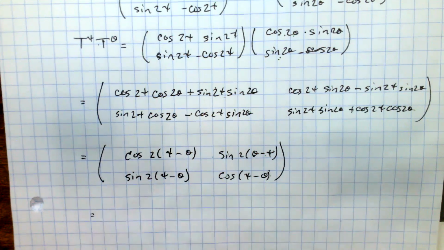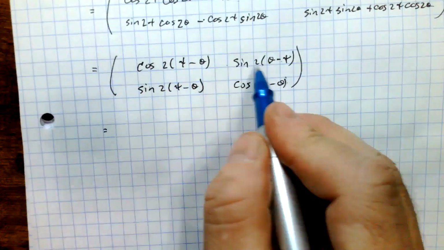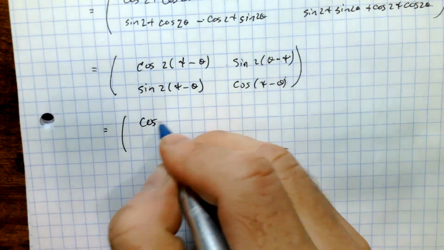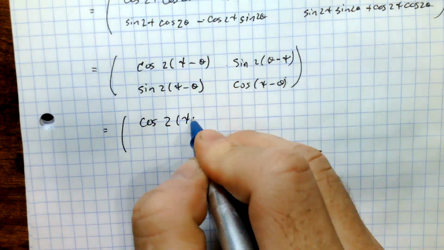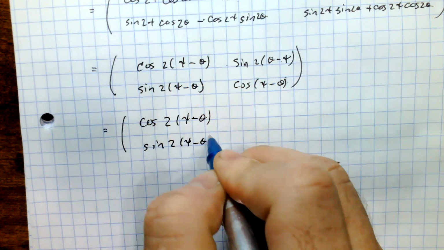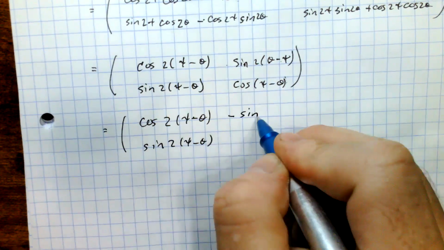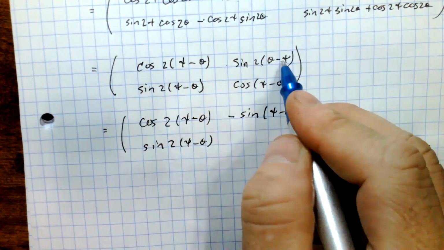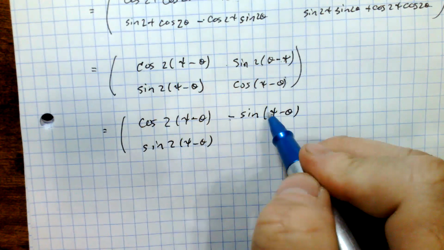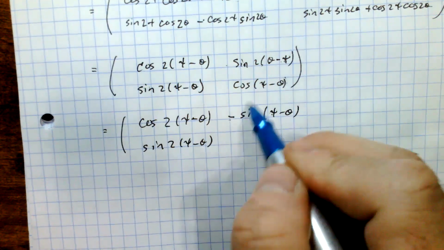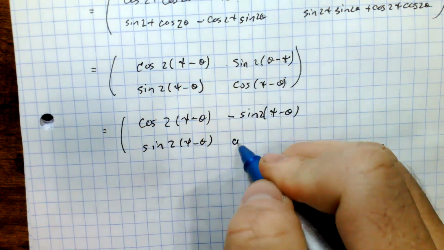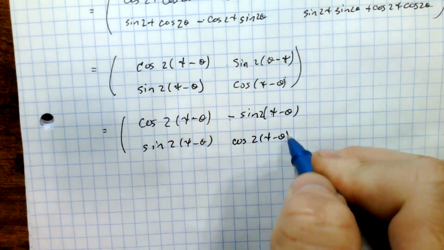And so by factoring out a common negative, because of sine's oddness, this becomes cosine of 2 times psi minus theta, sine of 2 times psi minus theta, negative sine of 2 times psi minus theta, and then cosine of 2 times psi minus theta. So that's exactly what we were hoping for.